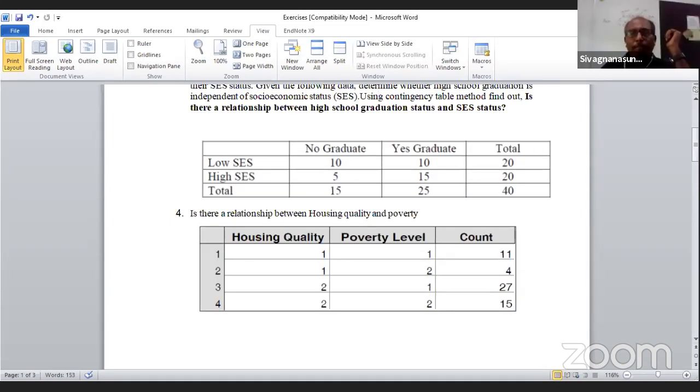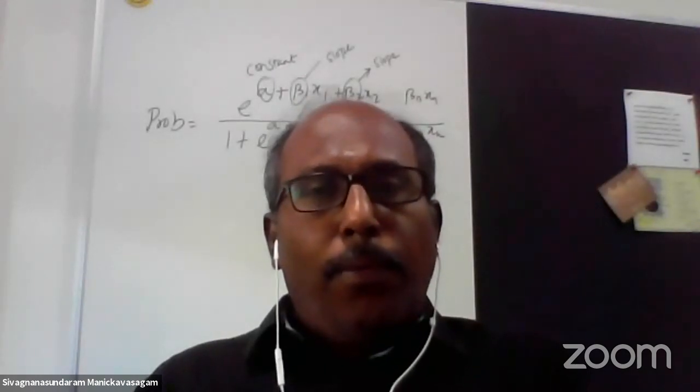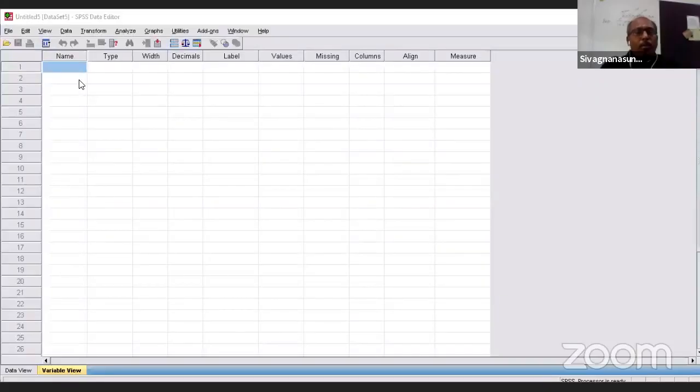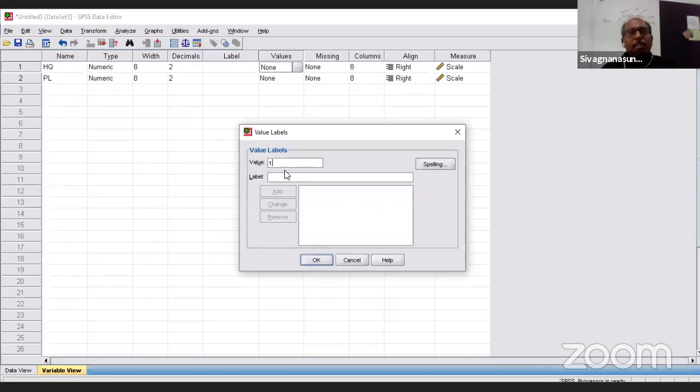Let me check. Let me share the screen. So what are the variables? First variable, housing quality, HQ, right? I'll write HQ for housing quality, and then PL is poverty level. So 1 is low, 2 is high.